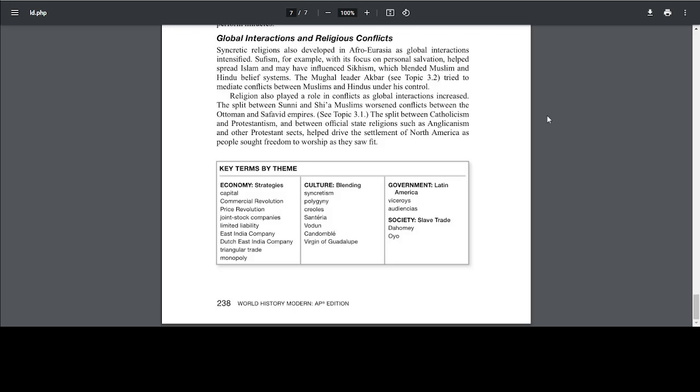Culture and blending: syncretism, polygamy, Creoles, Santeria, Vodun, Candomblé, Virgin of Guadalupe. Government in Latin America: viceroys, audiencias. Society and the slave trade: Dahomey, Oyo.